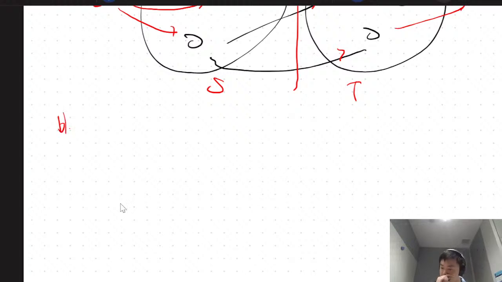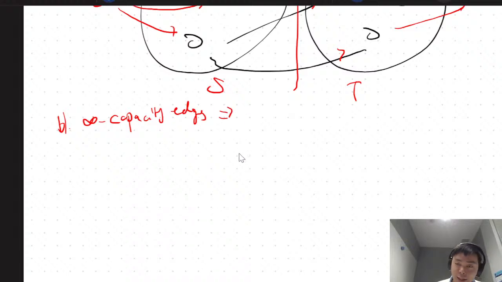So remember, there was a reason why we had infinite capacity edges. Infinite capacity edges mean that any edge that is included in my min cut cannot come from any of the new edges.